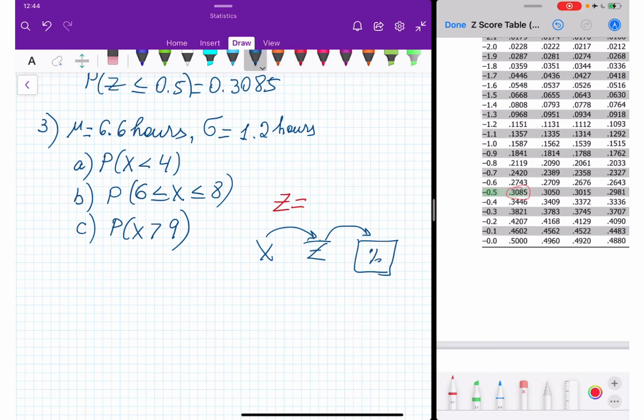And because only x is given, we need to convert to z-score. So z-score is equal to x minus mu over sigma. Let's go. Question A. Before we do anything with x, we need to find the z-score. So z-score is equal to, my x is 4.